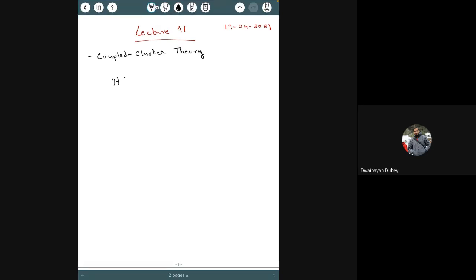So we have the Schrodinger equation, and our ansatz is that the exact correlated wave function is a nonlinear combination of excited determinants and the Hartree-Fock function.